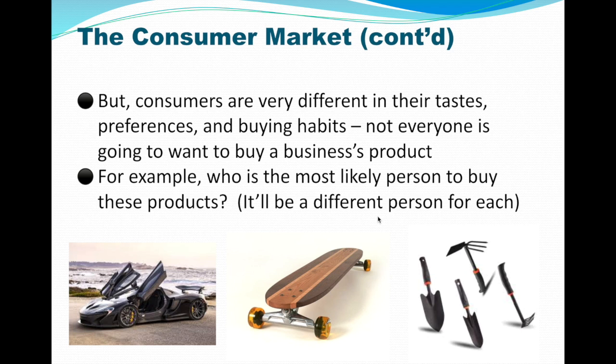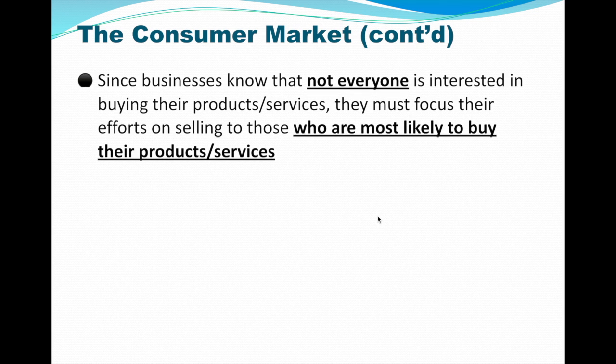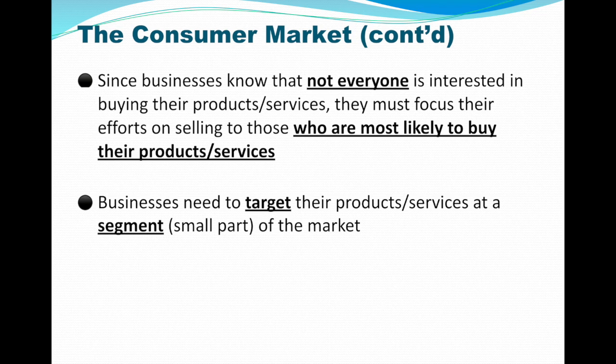Same thing with the skateboard. So since businesses know that not everyone is interested in buying their products or services, they need to focus on who is most likely to buy their products or services. And so businesses need to target their products and services at a segment of the market.